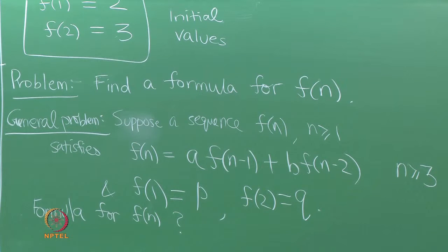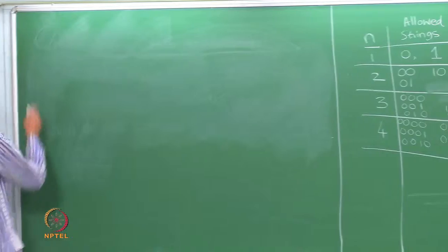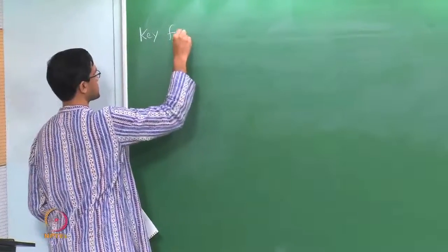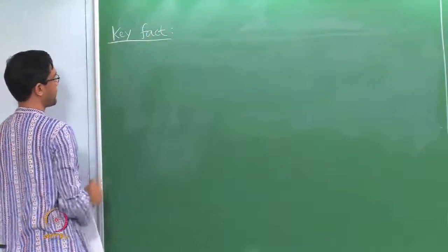Okay, so let's try and do this. So the key observation is the following. Well, one of the key observations, so here's a key fact concerning sequences given by recurrences.